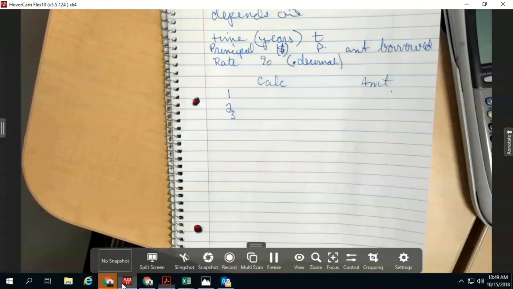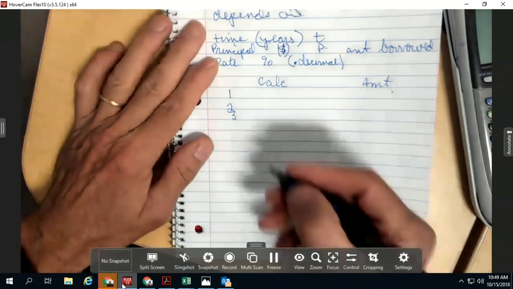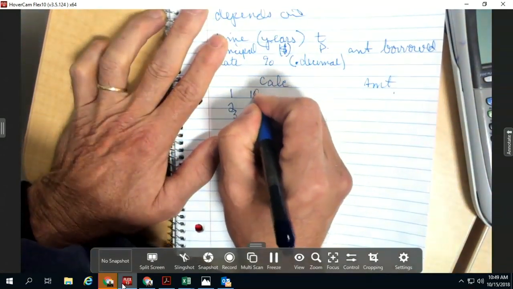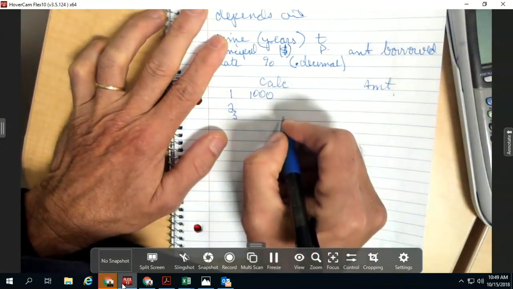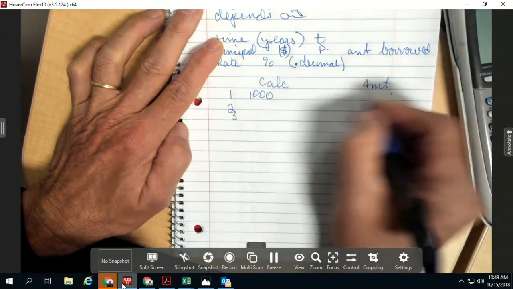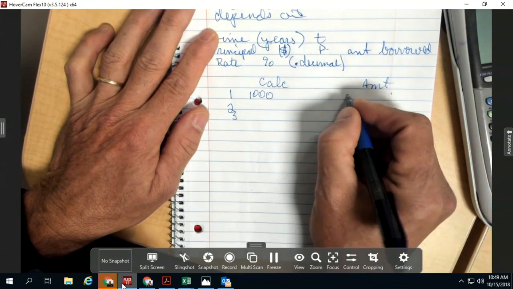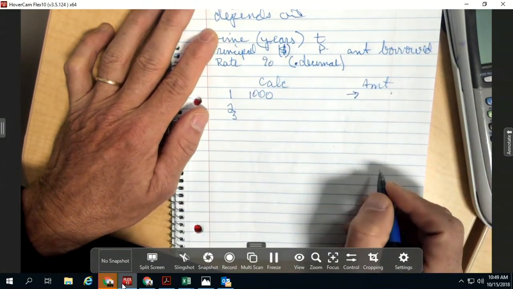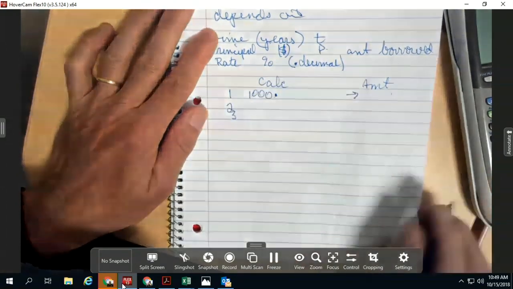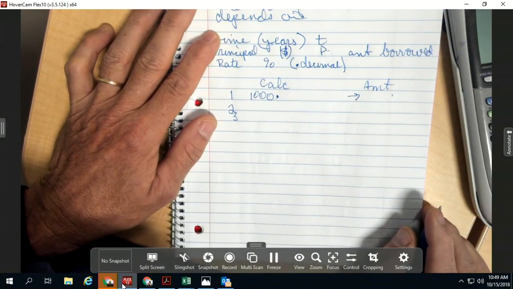So let's look at the math here. In the first year, we take $1,000, and we want to know how much money we will have after 1 year. What are we going to do to our $1,000?